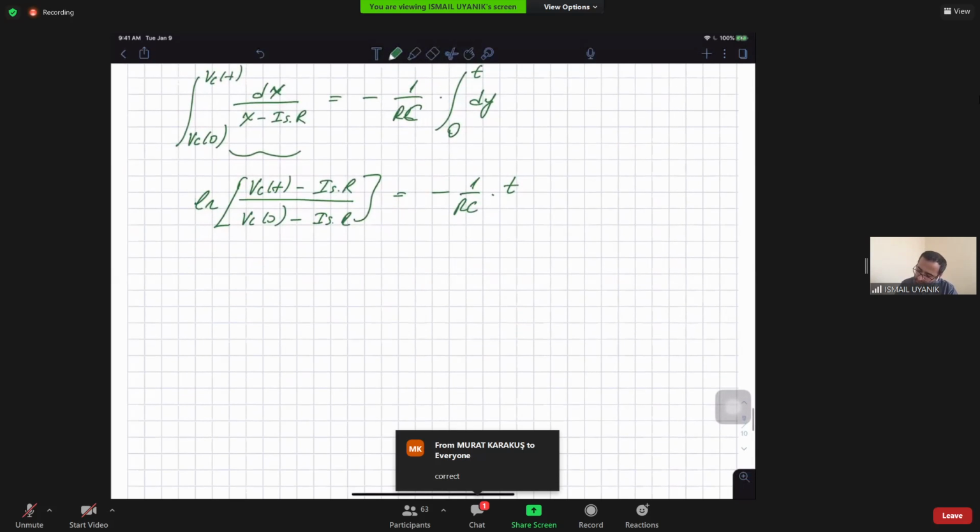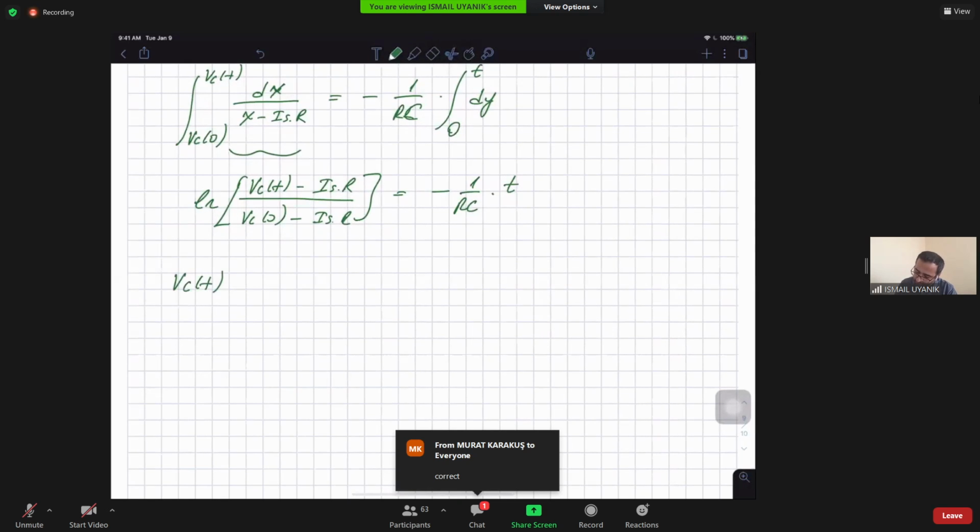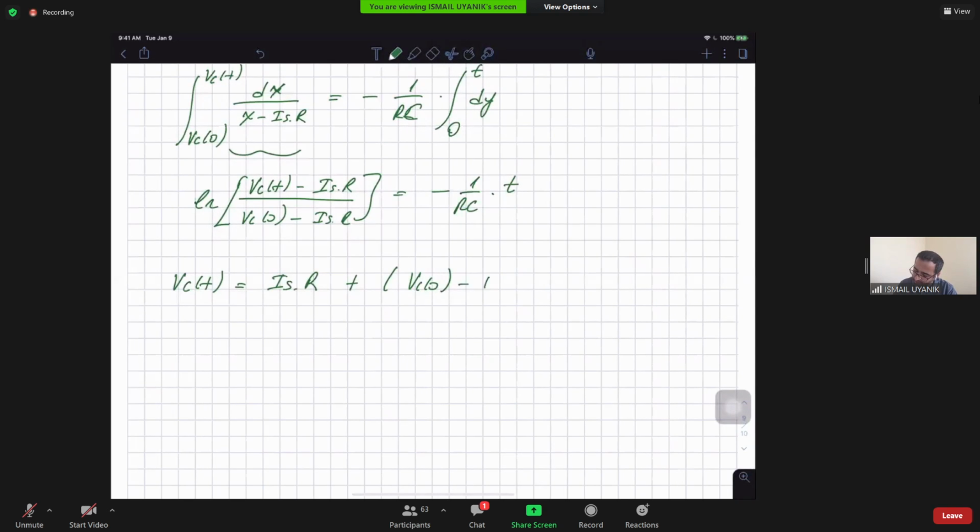And then now if I take exponentials of both sides, VC(t) is going to be IS times R plus VC0 minus IS times R times e to the minus t over tau, where tau is RC.